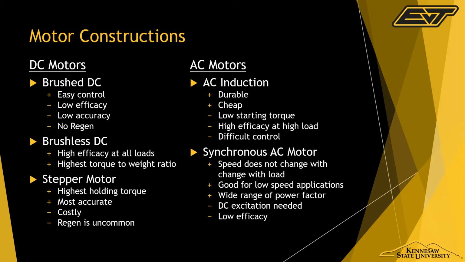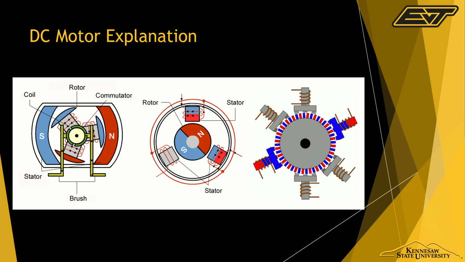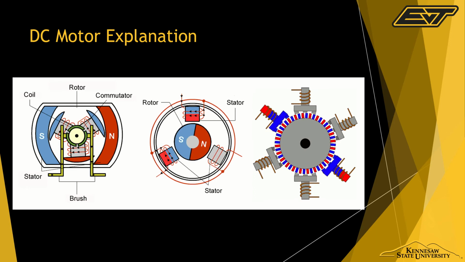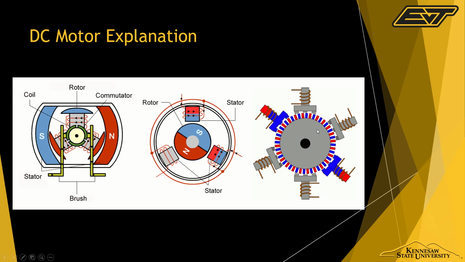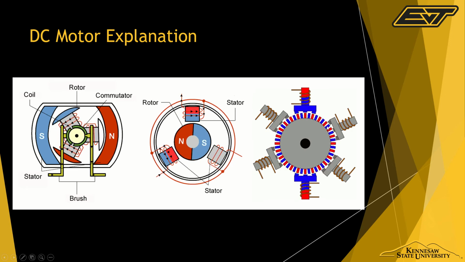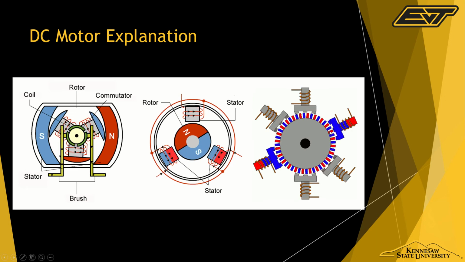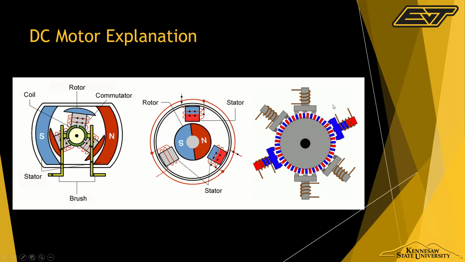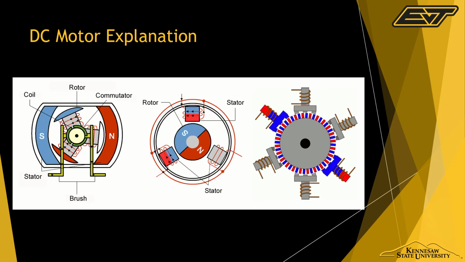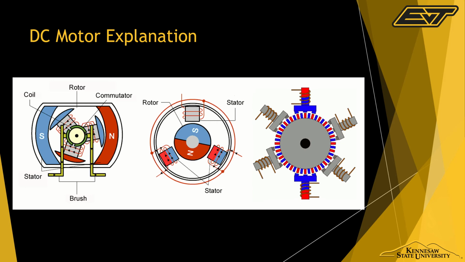Now the stepper motors have the highest amount of holding torque, and the reason why is because they have these teeth right here, and the teeth keep it from stepping from one place to another, and it actually requires a very high amount of torque in order for it to skip a step.